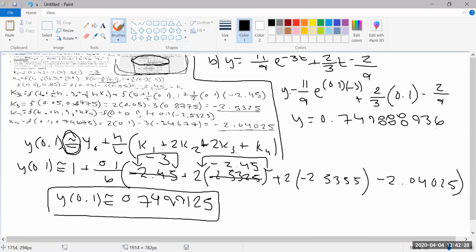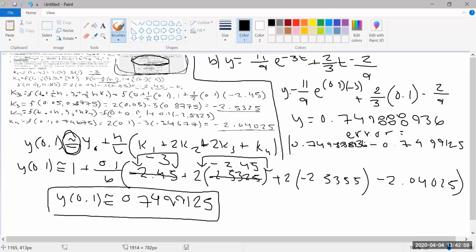0.74988936. Okay, and then to solve for the error in that, you're just going to take the absolute value. So for our error, we're going to subtract these two values, so we get 0.74988936, and then minus what we got over here, 0.7499125.